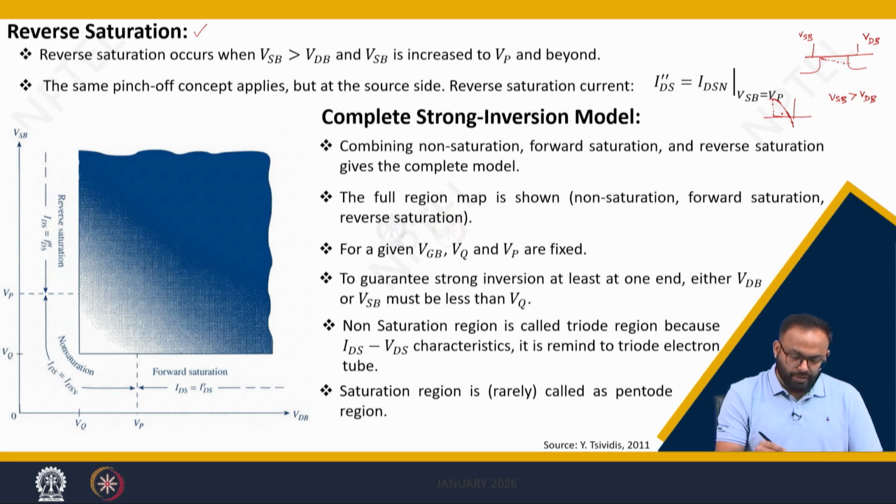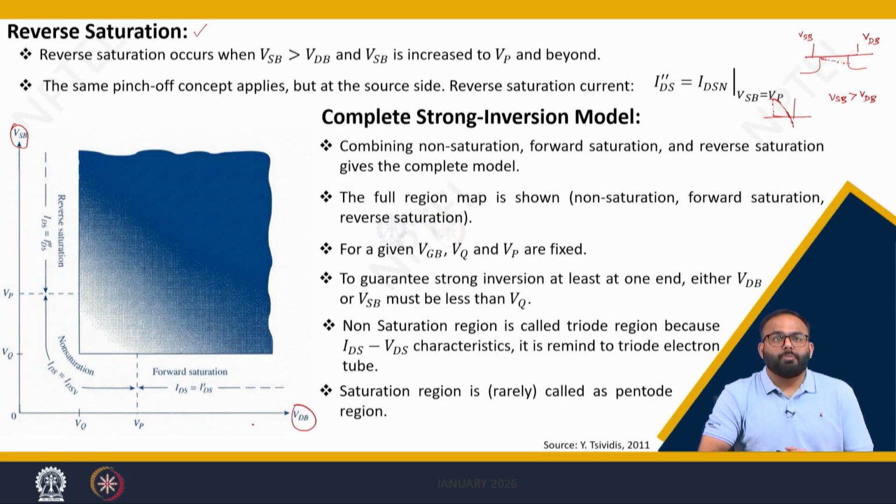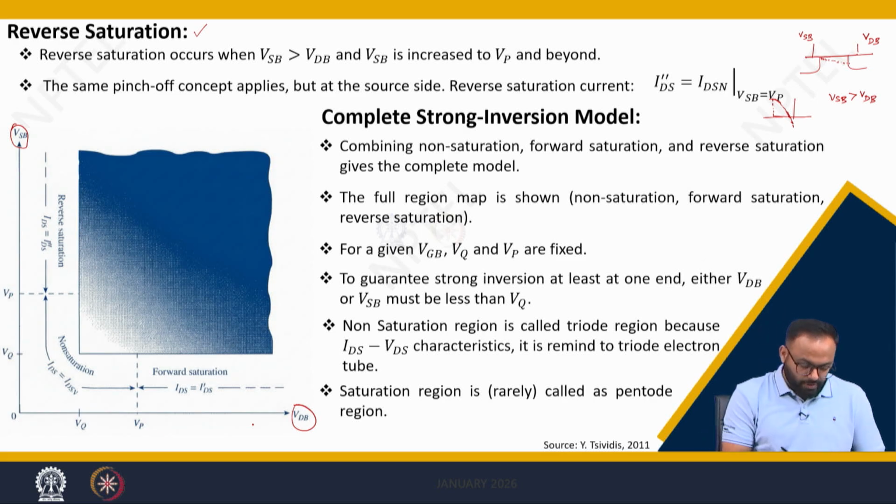So if we summarize our analysis of the strong inversion model, I can simply say that the values of VSB and VDB decide in which region of operation we are. If the value of VDB is less than pinch off voltage and the value of VSB is less than pinch off voltage, you are in the non-saturation region, and hence here the IDSN equation holds good.